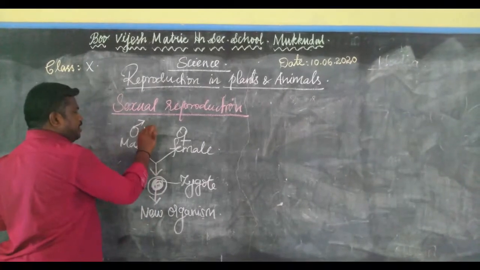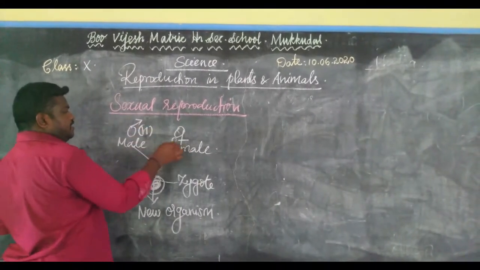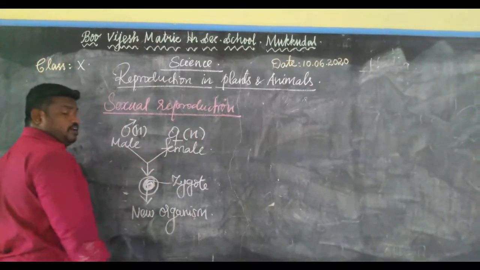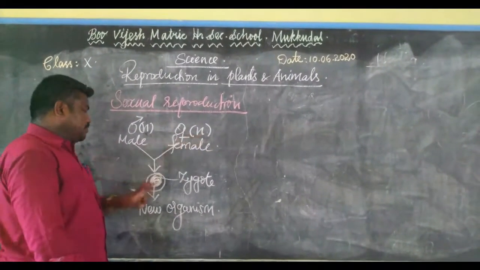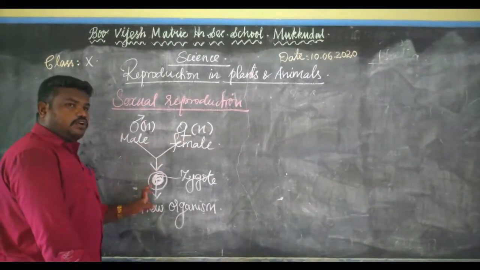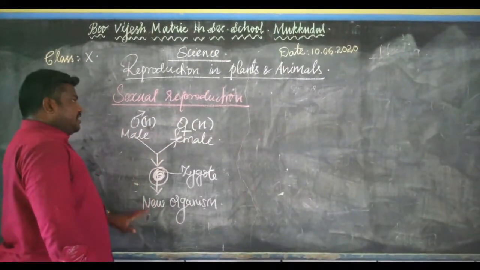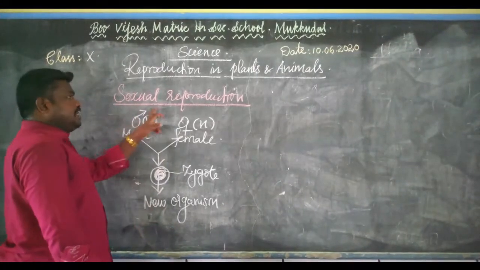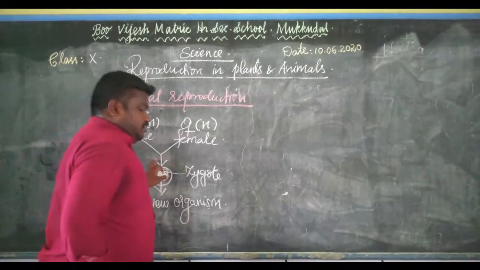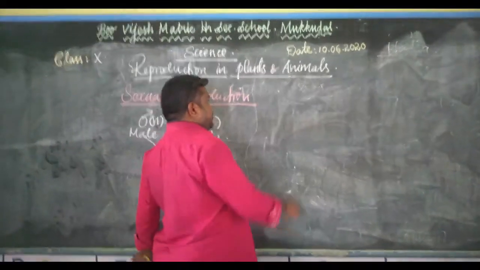Here the male gamete is haploid, n number of chromosomes. At the same time, the female is also haploid, n number of chromosomes. The fusion of male and female gametes forms a zygote. The zygote develops into a new organism. So this process is known as sexual reproduction. Can you understand?